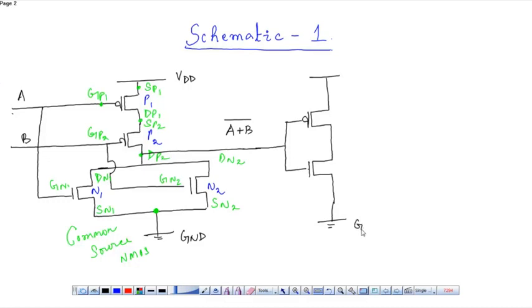This is the ground and this is VDD. So the obtained output will be A plus B bar whole bar, that is equal to A plus B. This is our OR gate.